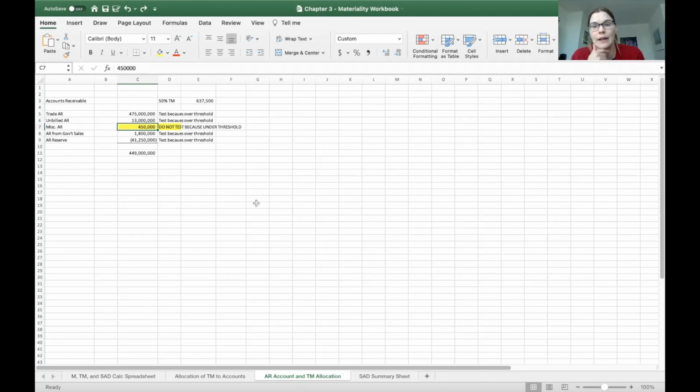The thinking there is because this account itself is so small, it's highly unlikely that an error in this account could exceed TM, much less exceed overall materiality, given how small the account is to begin with.